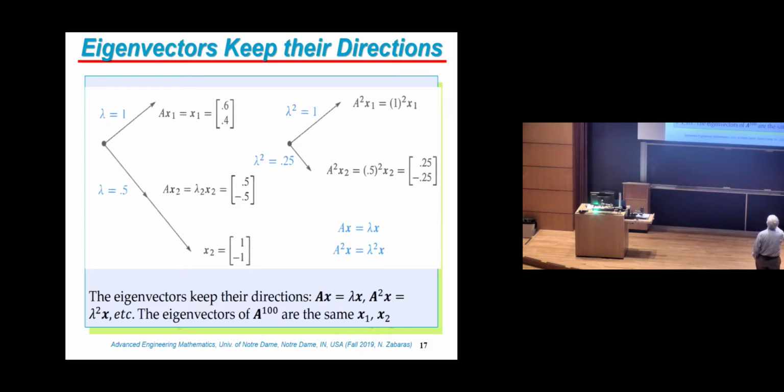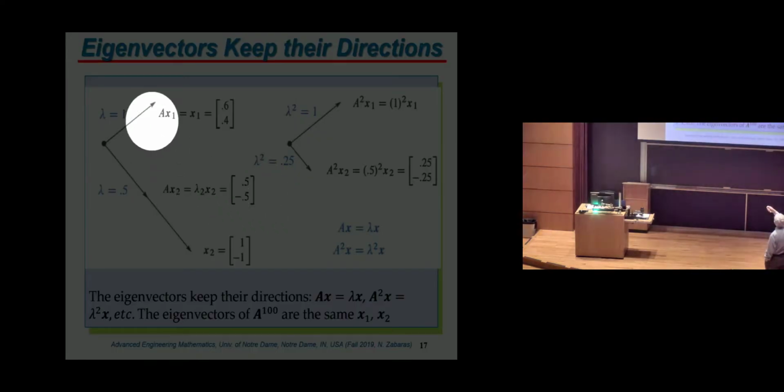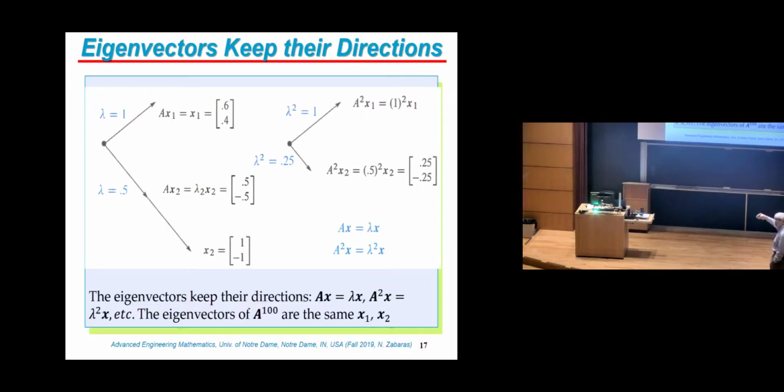In this particular example, if you operate A on the first eigenvector, because the eigenvalue is equal to 1, you're still in the x1 direction. If you operate on x2 with A, you're still in the direction of x2 times some scalar. So the direction doesn't change.